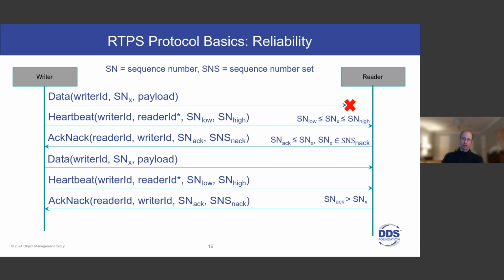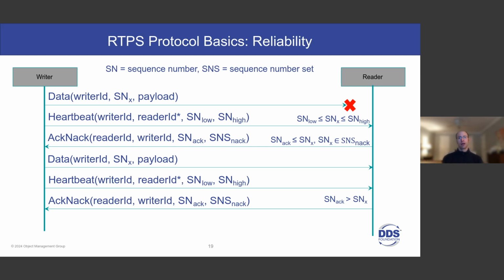It may be missing other data, but in this particular case, it's got that one. So this is the general flow of reliability. If we're talking about a reader that's not reliable, then you just see data messages going from the writer to the reader, because you're assuming that there's going to be another data message and that eventually one's going to get through.